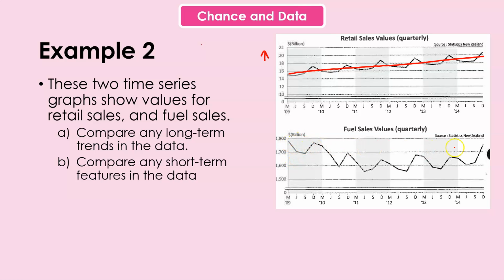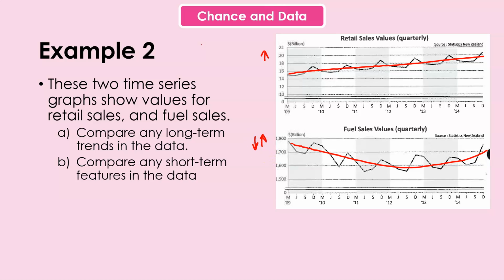If I was to go from start to finish, they'd be roughly the same, a slight decrease. The actual trend seems to be a bit of a curve. There's a bit of a decrease and then it's gone to an increase. So to describe what we've seen here, after an initial decrease, we've got an increase.